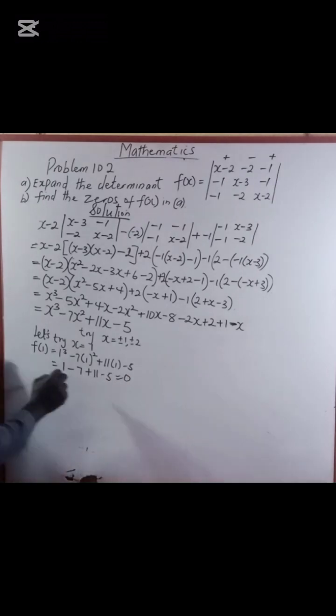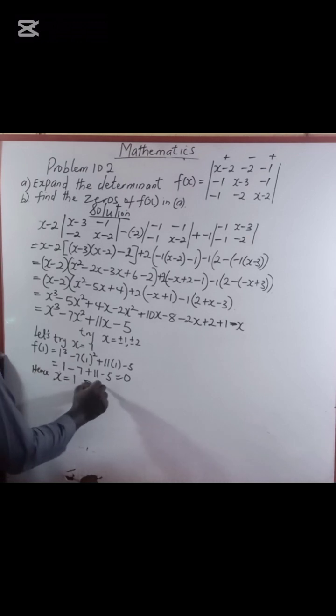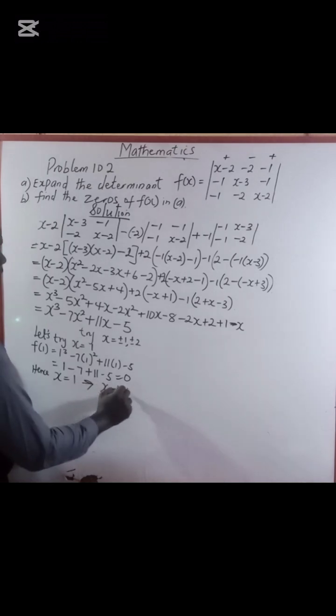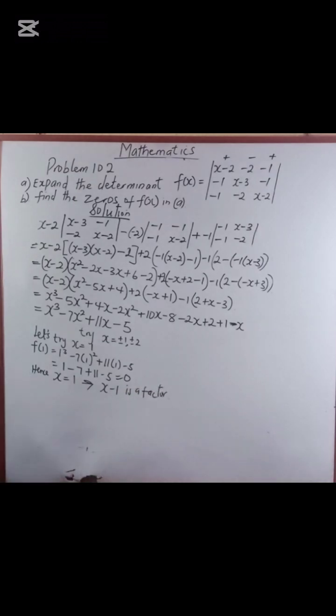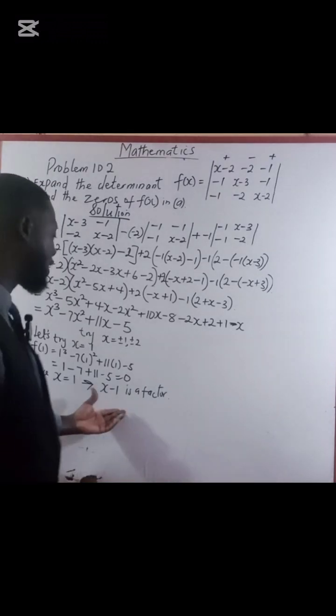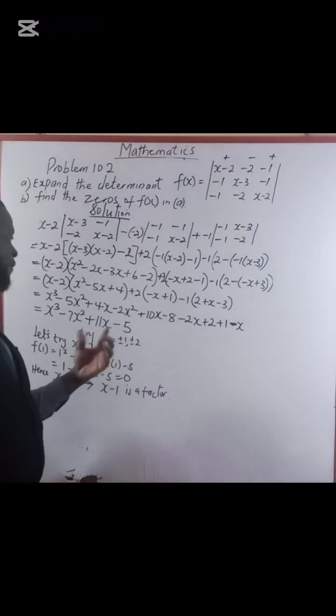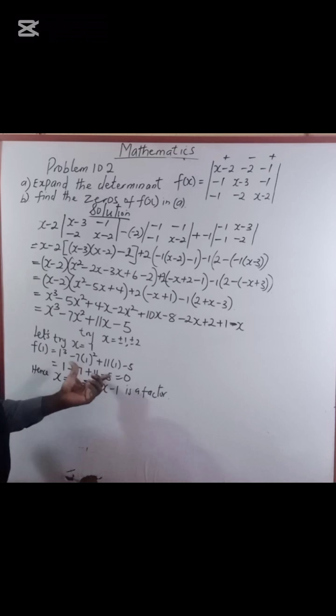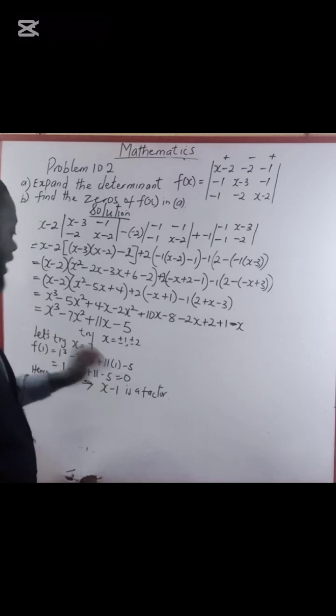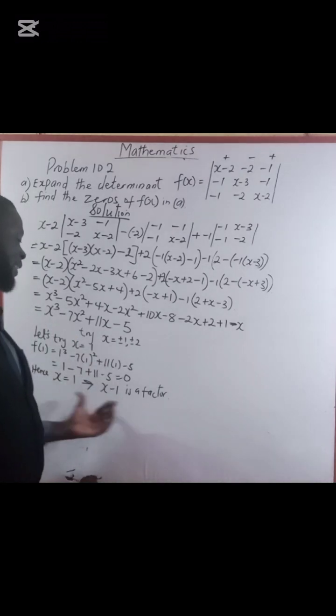That means x equal to 1 implies x minus 1 is a factor. So you've gotten a factor by trying the first one. It's a very lucky one. Sometimes you can try up to 2, but this one is very lucky. The first one we pick gives us 0, so x minus 1 is a factor.